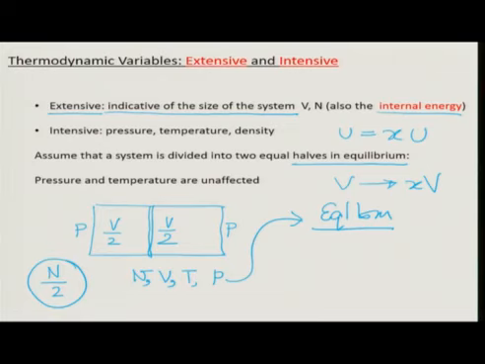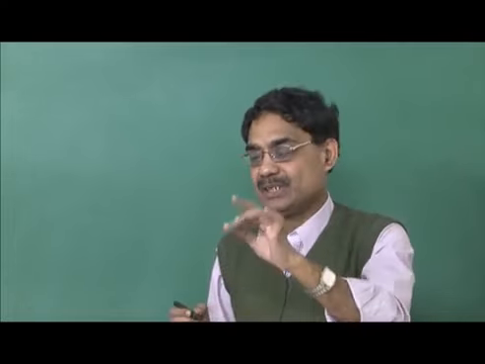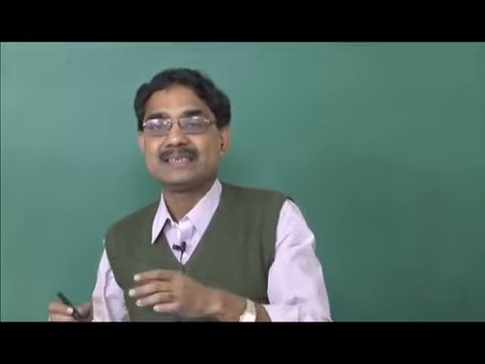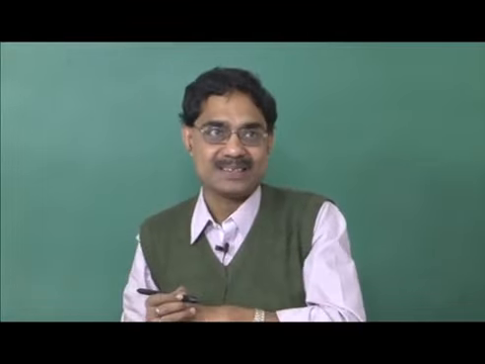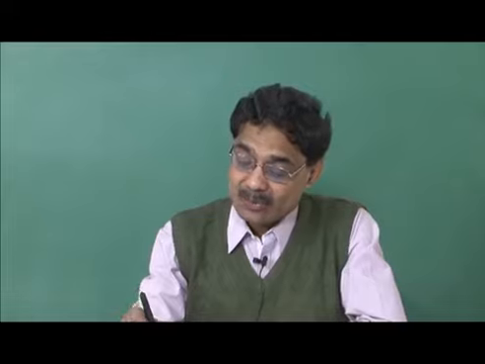Question is, what are other types of variables? These are intensive. For example, pressure, temperature, they do not have any change because of this multiplying by a factor of x. So, these are intensive quantities.